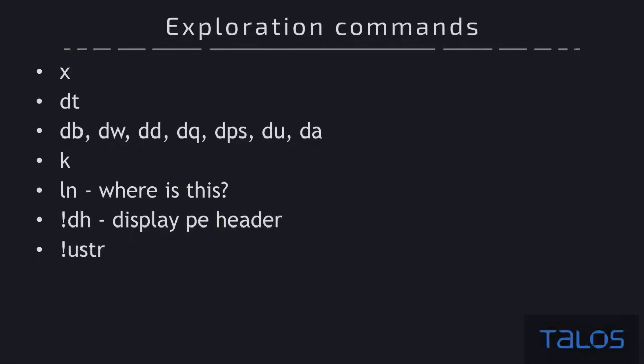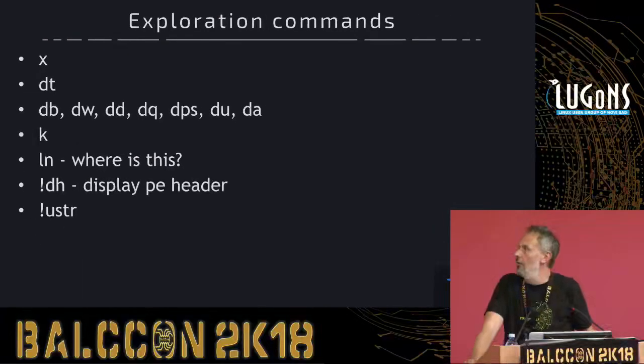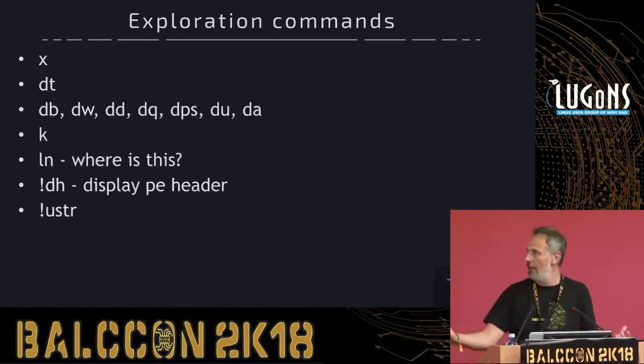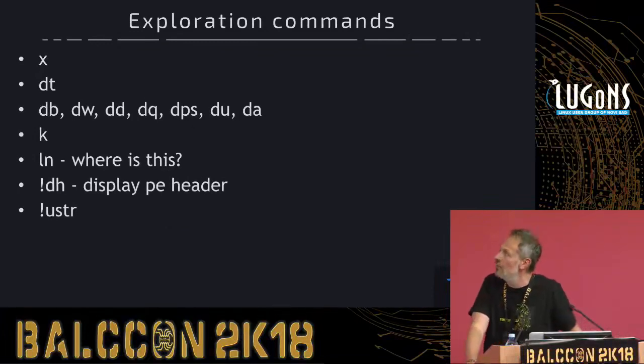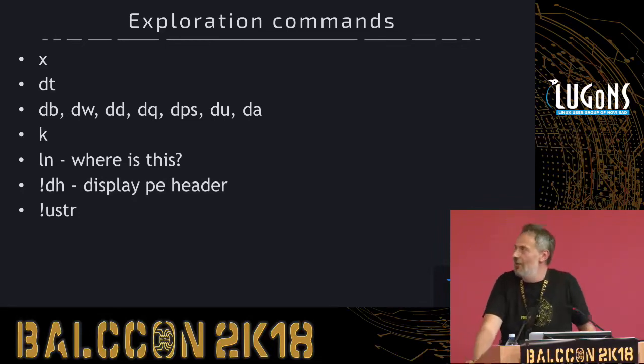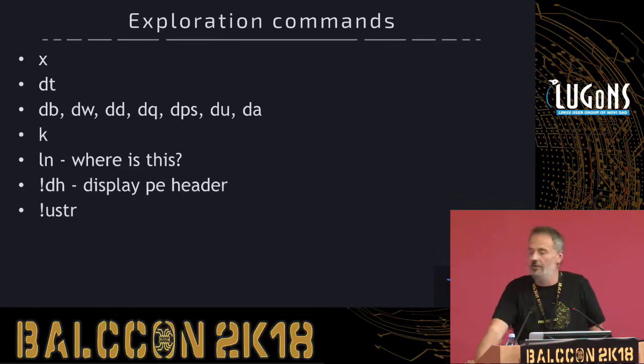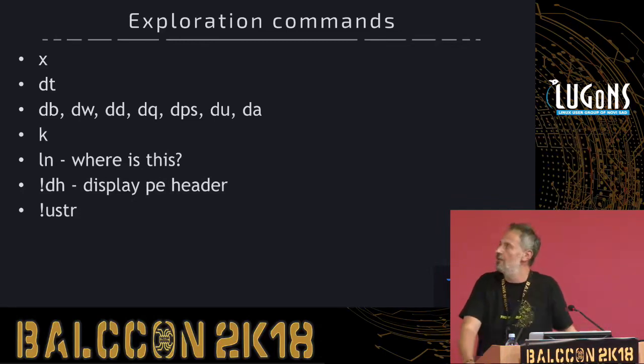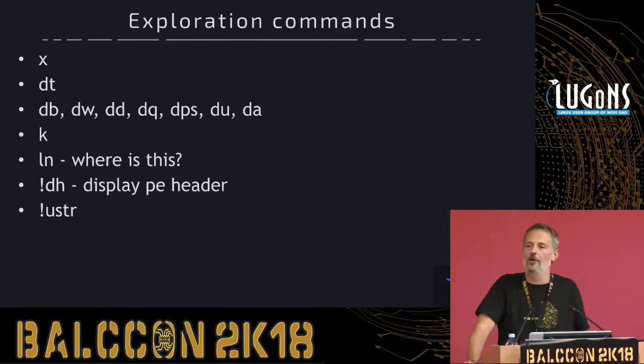DT is display type. So I mentioned that you can download all the symbols. The symbols are not just the memory location versus the name, but also the data types, because Windows has, like any operating system, a notorious number of various structures that exist in memory during the run of the operating system.